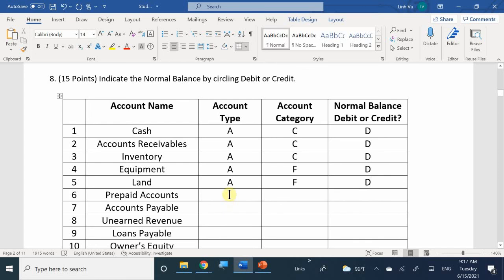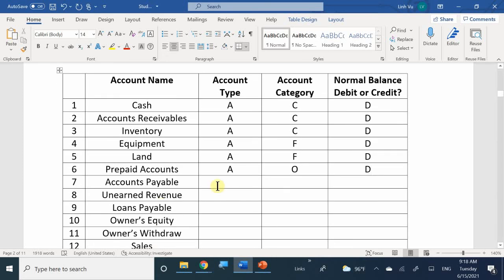It's an asset, because in this case, we're buying the rent in advance. We're paying in advance, so we own it, right? Now, what kind of asset would a prepaid account have? Other. It's definitely other because you can't touch it, right? And normal balance, debit. Good.